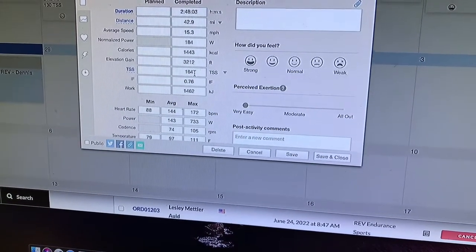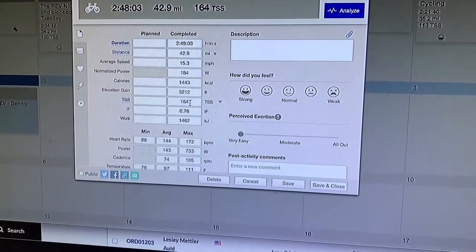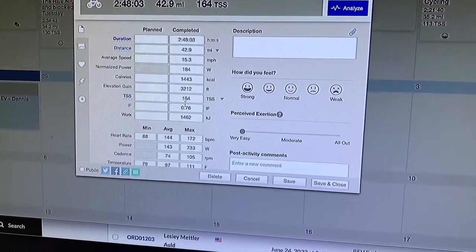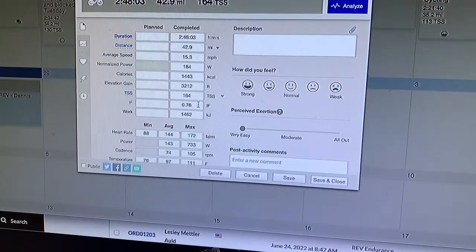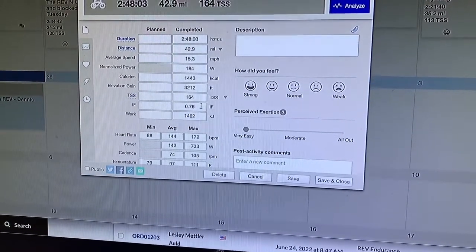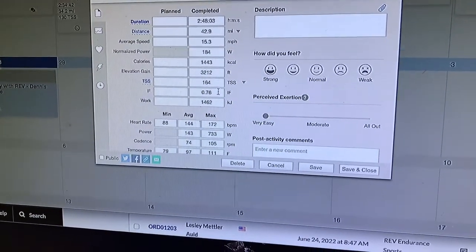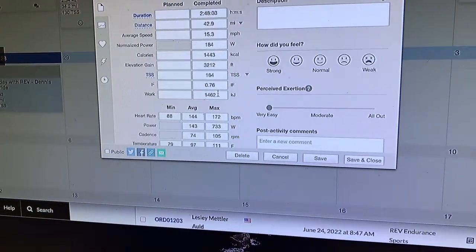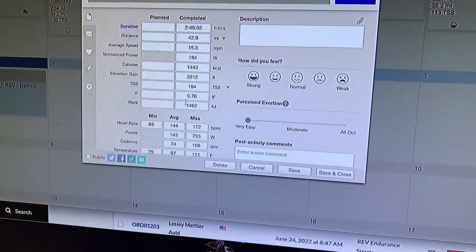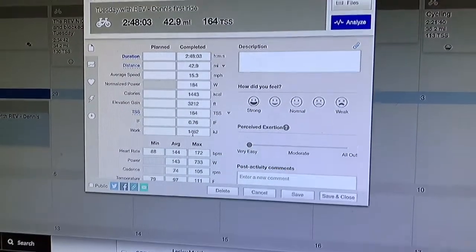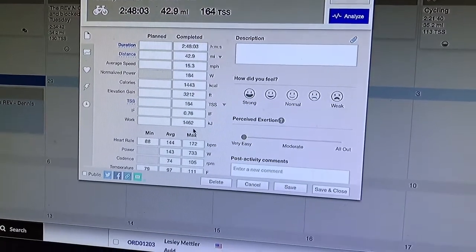The training stress score, again, I will go deeper into all this terminology. IF, intensity factor, so I rode at about 76% of my max intensity. That's how many kilojoules, and that's a more accurate formula for how much work you did as opposed to calories.